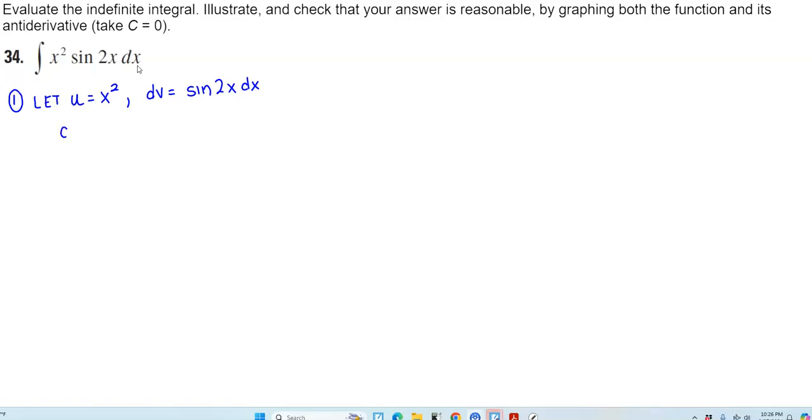And so therefore du is going to equal 2x dx, and the antiderivative of the sine of 2x is negative 1/2 times the cosine of 2x.